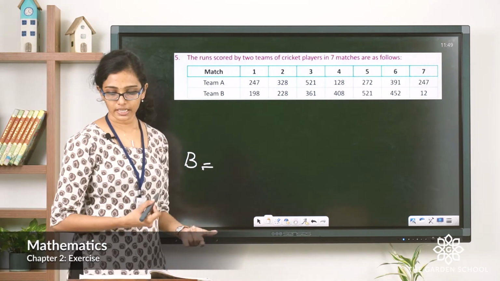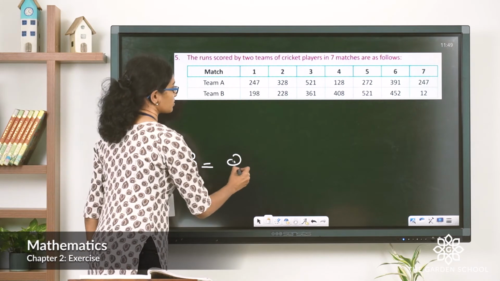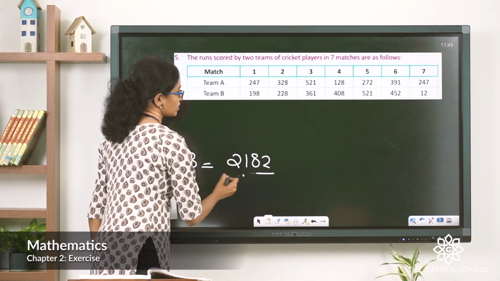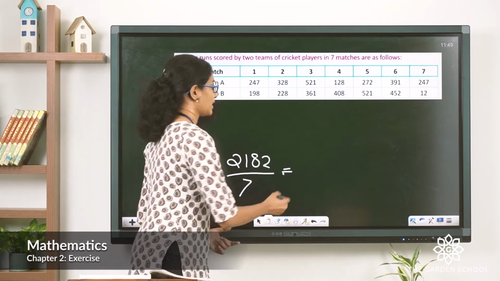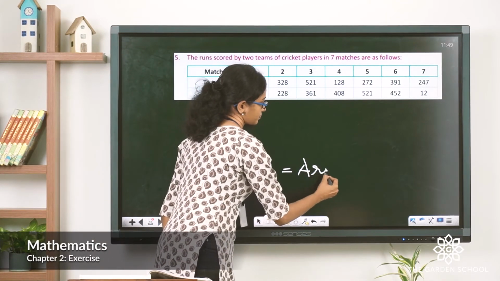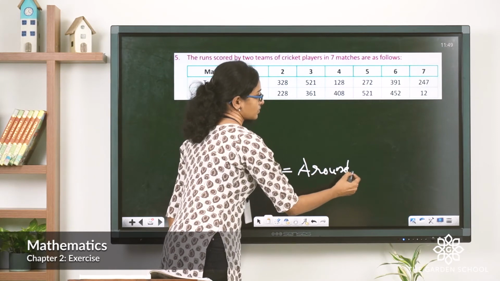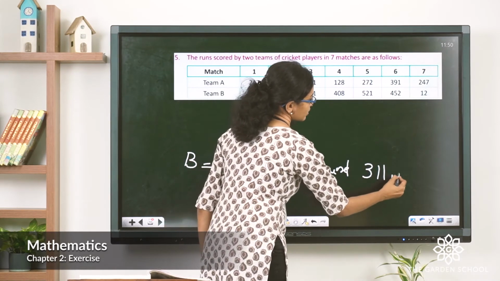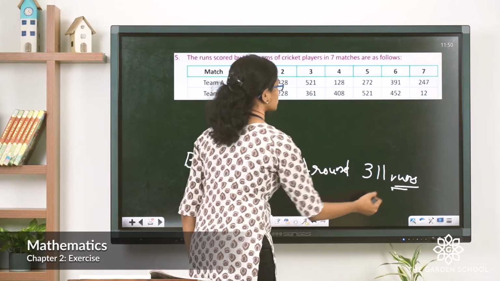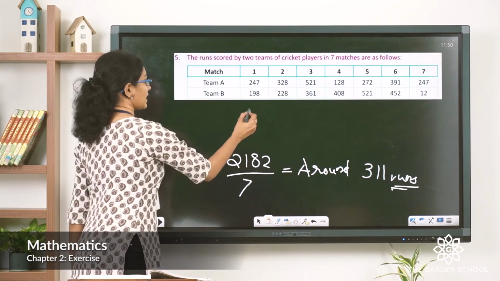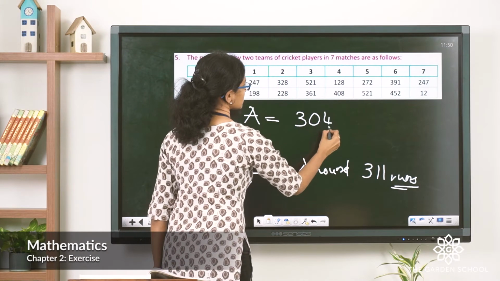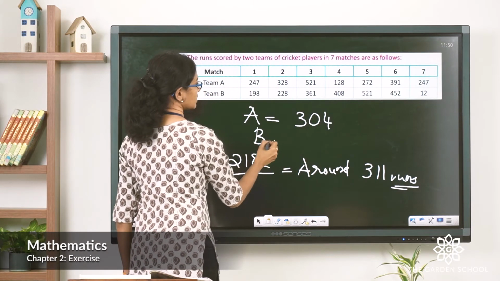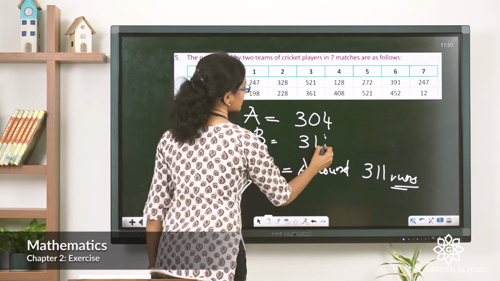So that would be equal to 2182 divided by 7, which will be equal to an average of around 311 runs.